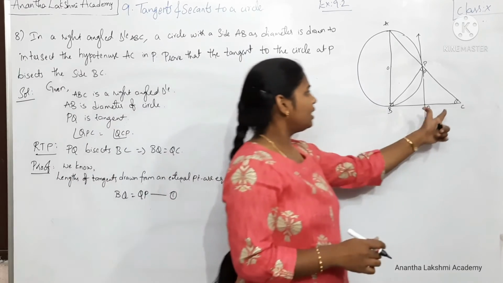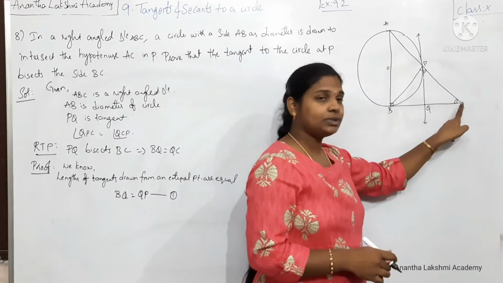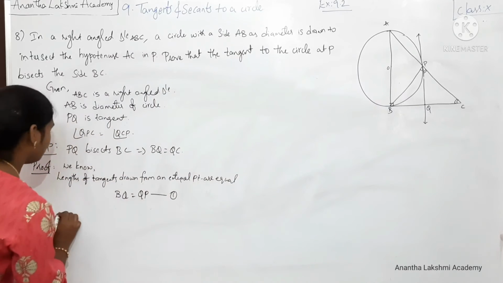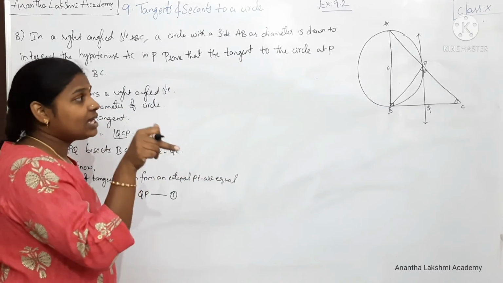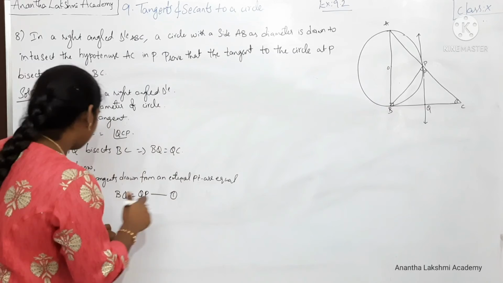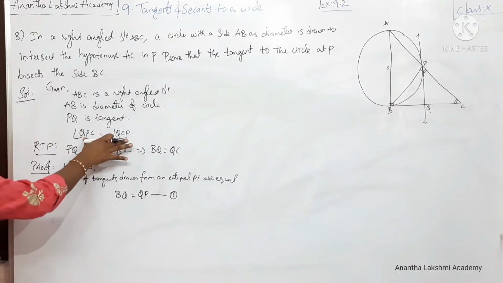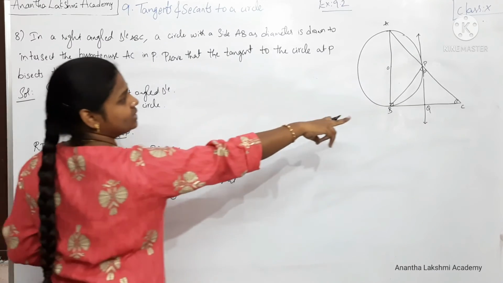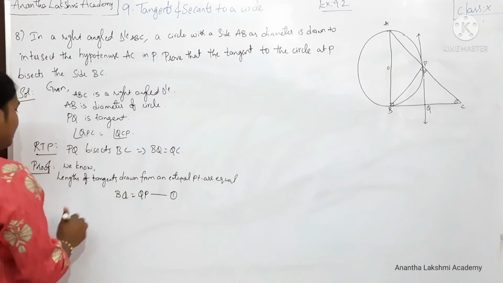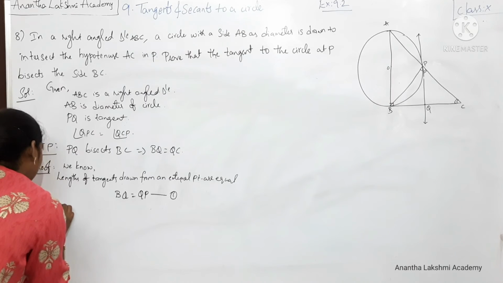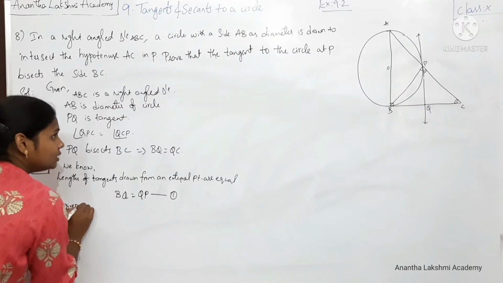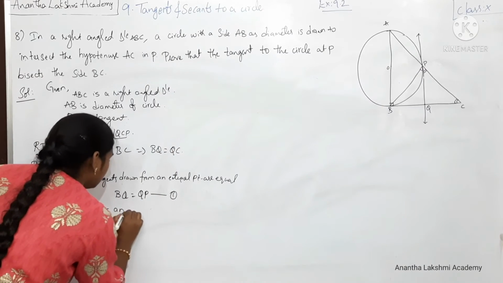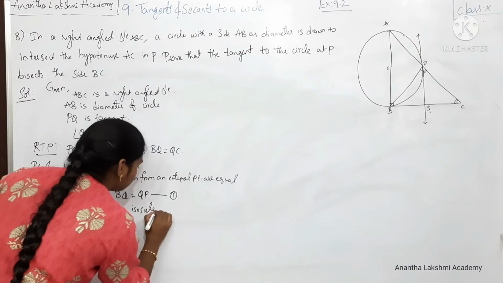Now, if you look at the triangle PQC, two of the angles are equal, isn't it? When two of the angles are equal, we consider that as an isosceles triangle. Given here, we already proved that, right? Angle QPC is equal to angle QCP. So when two angles are equal, QPC is an isosceles triangle.